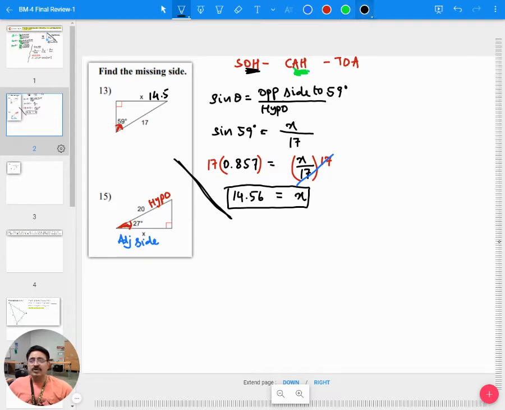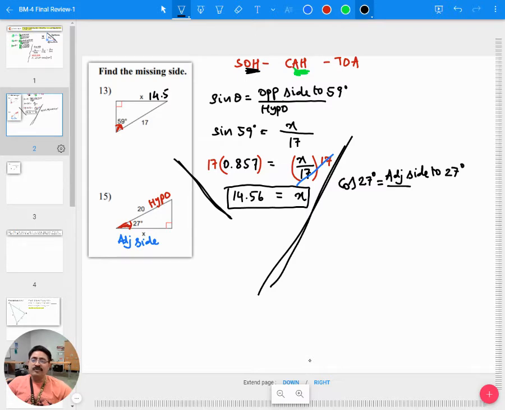Okay, so let me write that: cos theta. Let me take the angle, cos 27 degrees equals adjacent side to 27 degrees.